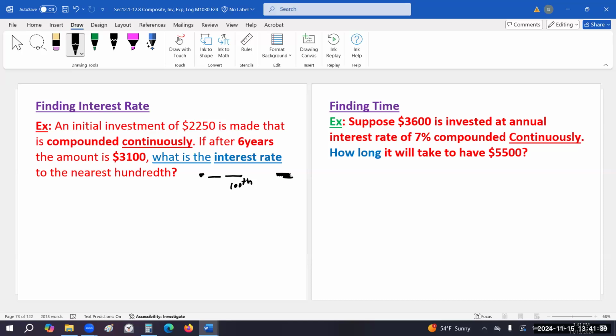By 6,000 years, 1,000 years, 100. You go up 4 places, and then you move 2 places. So you get 6. Right, that's it.